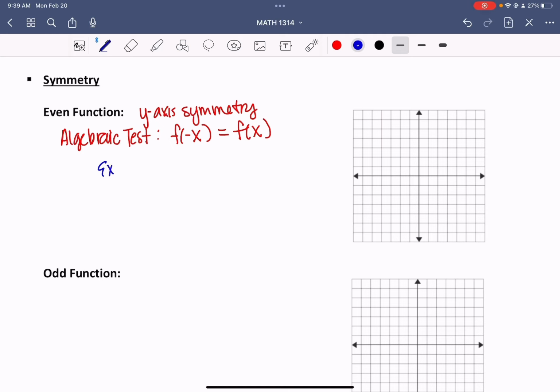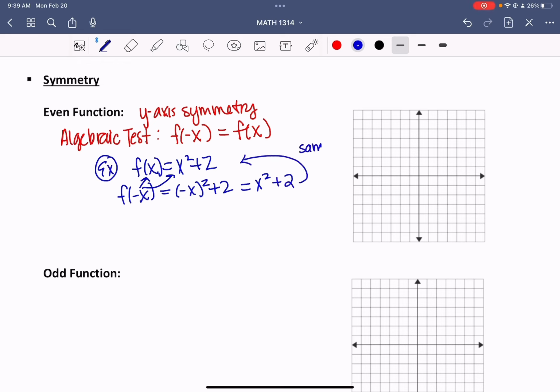So an example of that. Say we had f of x equal to x squared plus 2, and we wanted to know, does it have y-axis symmetry? Well, just like what you did with function notation, you plug in negative x. So if I plug in negative x here, I also have to plug it in here. Now, when I plug in negative x, I'm going to do my algebra and clean that up. When I square negative x, that gives me x squared plus 2, which you can see is the same as the original.